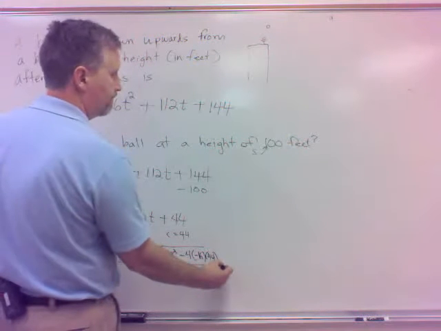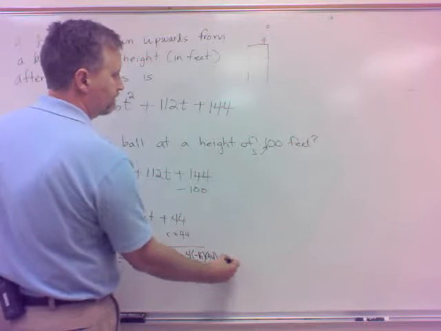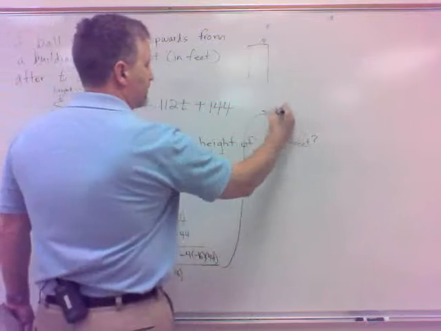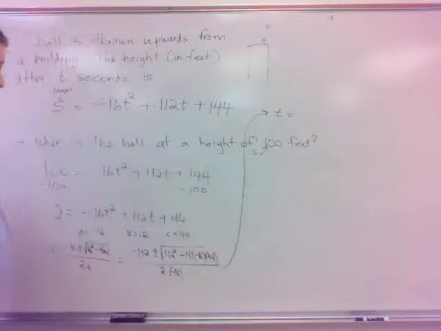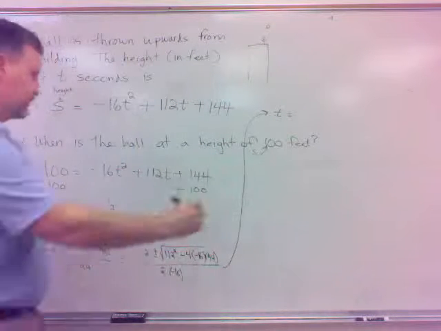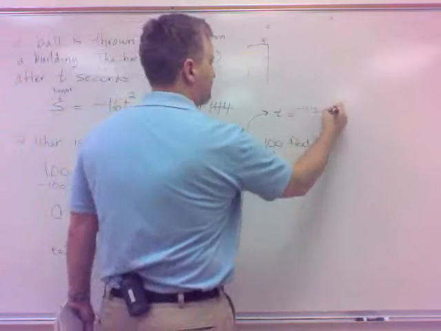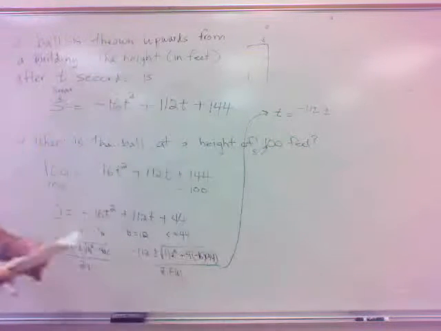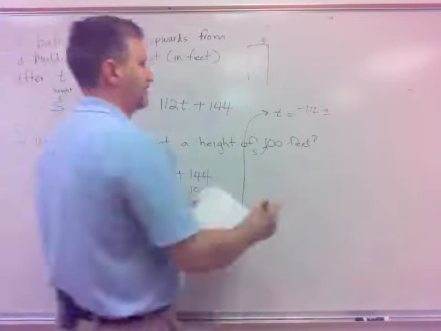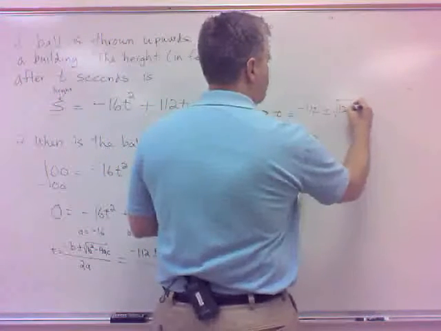All right? Let's go right here. So that's going to give me t equals negative 112 plus or minus the square root of 112 squared, which is 544, right?